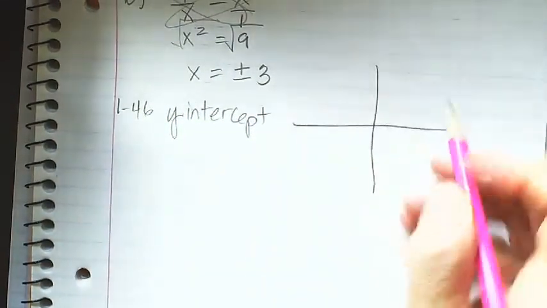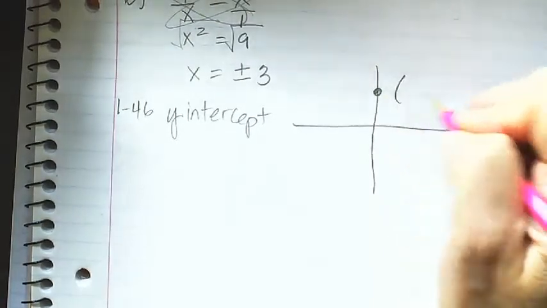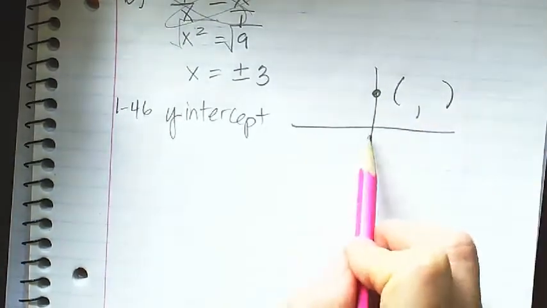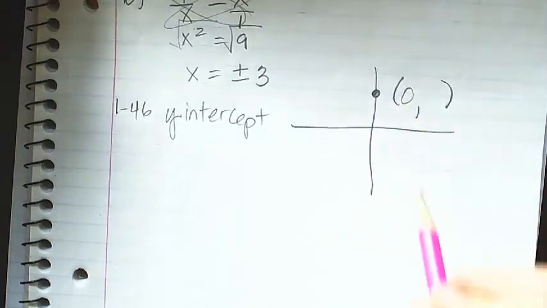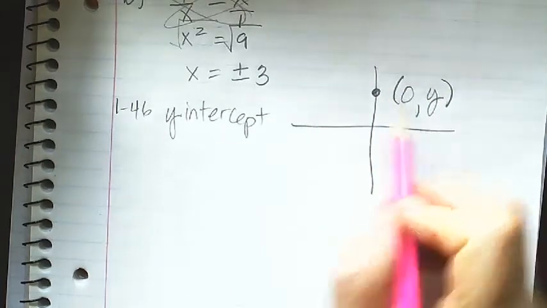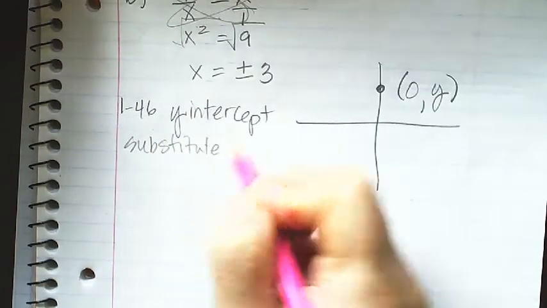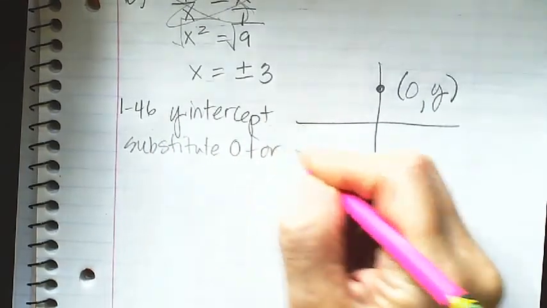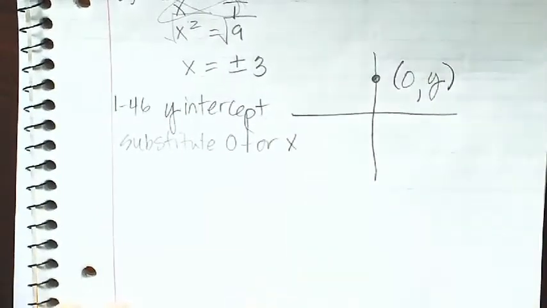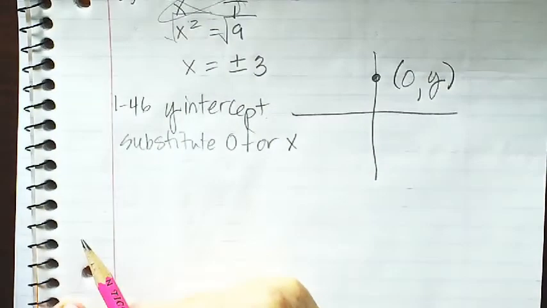It's on the y-axis. Any point on that y-axis is going to have an x coordinate of 0. So you're going to substitute 0 for x. And let's not worry about actually doing that.